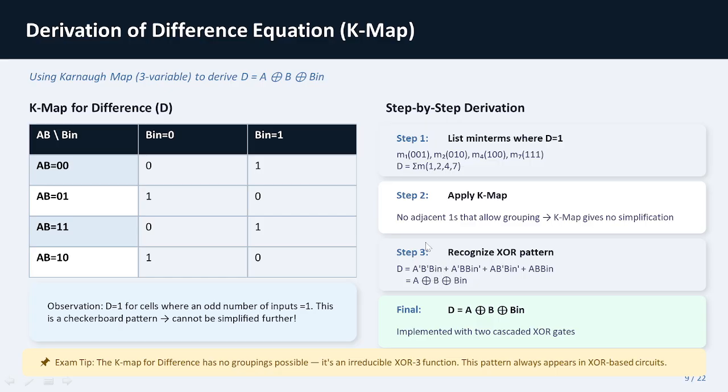So if you have one for a particular input, leaving that input, you need to write the other two inputs as A not, B not. You need to keep every input in its one state. If you keep it like that, then you will get something called the XOR pattern. Okay, so you will recognize that XOR pattern.